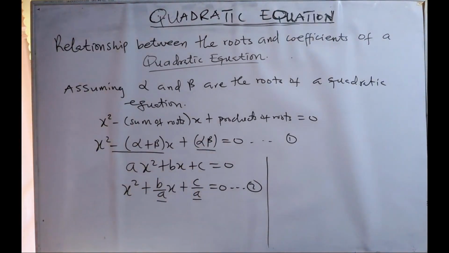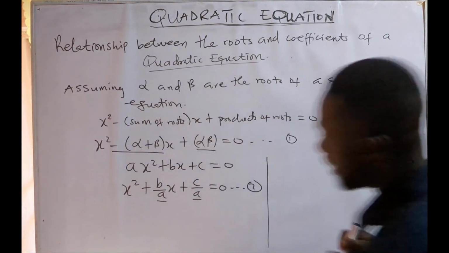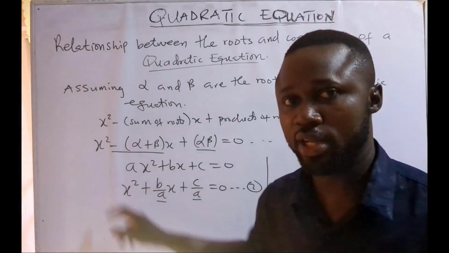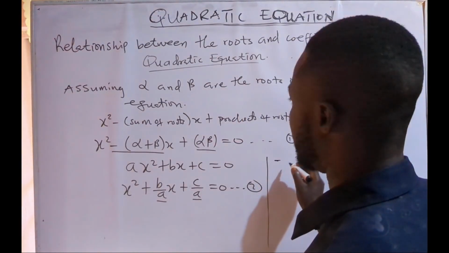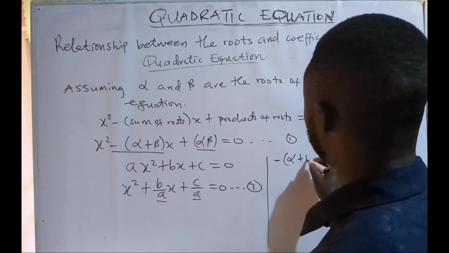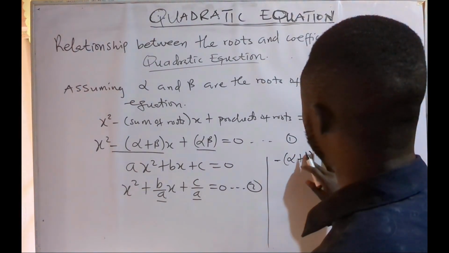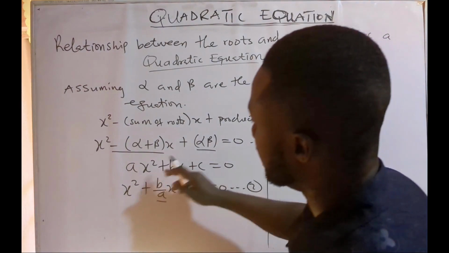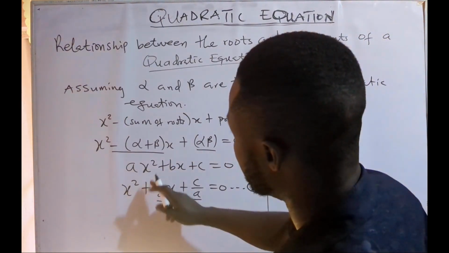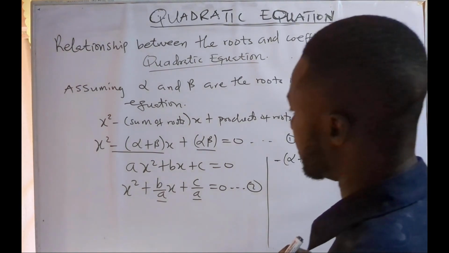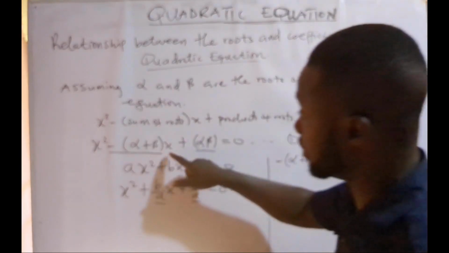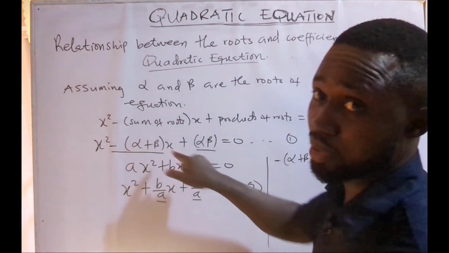So s squared and s squared are fine. The coefficient of s in the first equation is minus (alpha plus beta), and in the second it is b on a.